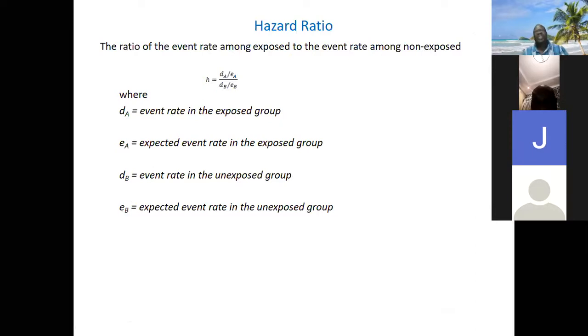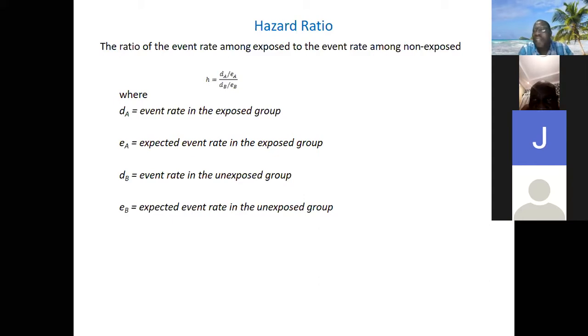Now the last one is the hazard ratio. The difference between hazard ratio and relative risk is that it is a rate, because it has a time element.